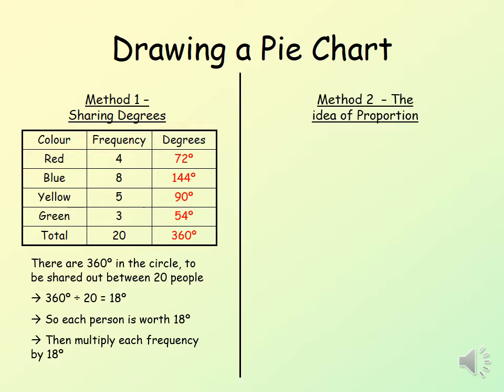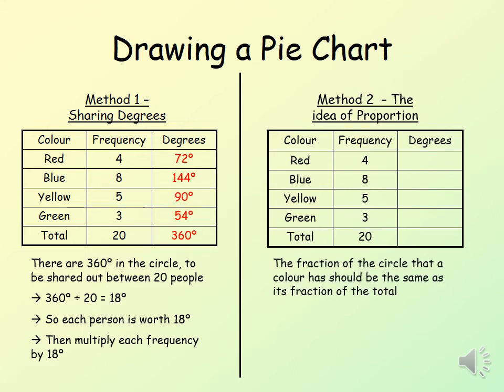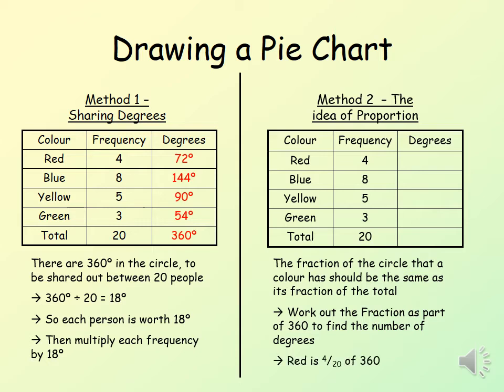Okay, so I'm going to go through a slightly different method. We've got the same information again, but we merely look at the fraction of each value that we have. We need to work out the fraction as a part of 360 to find out the numbers.